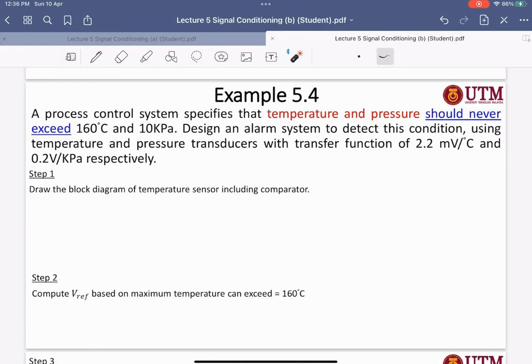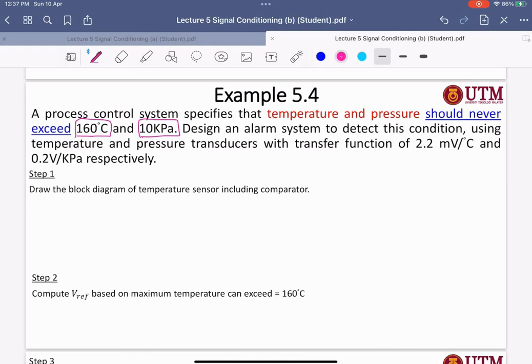You want to design an alarm system that uses two sensors, and then you set the level, right? This one, 160 degrees and 10 kPa.